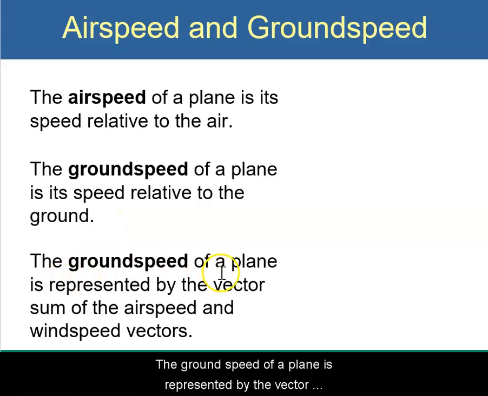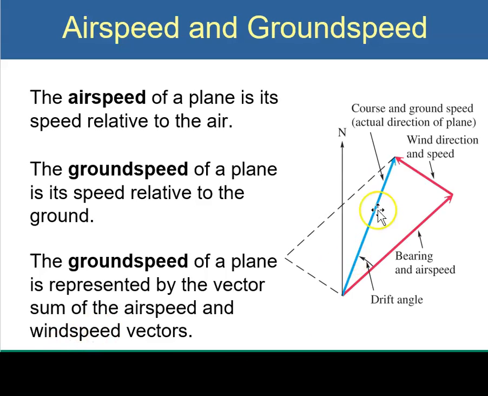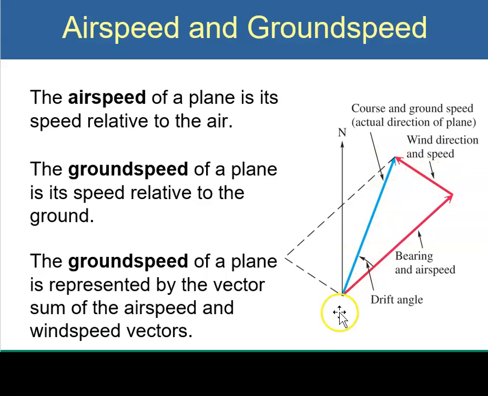The ground speed of a plane is represented by the vector sum of the airspeed and wind speed vectors. So here we go. If this is north, so course and ground speed, the actual direction of the plane, is going to be the sum of its bearing and airspeed, and then the wind direction.